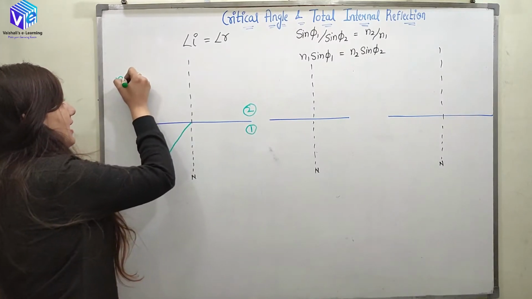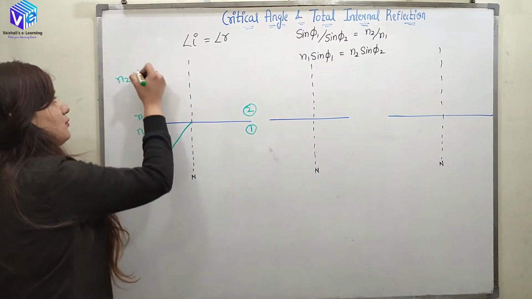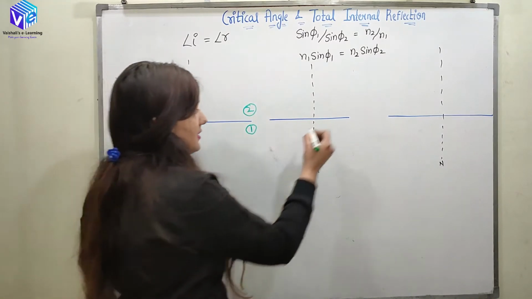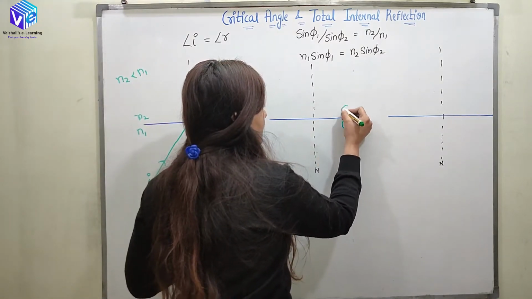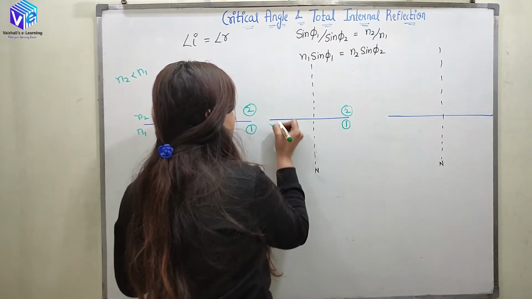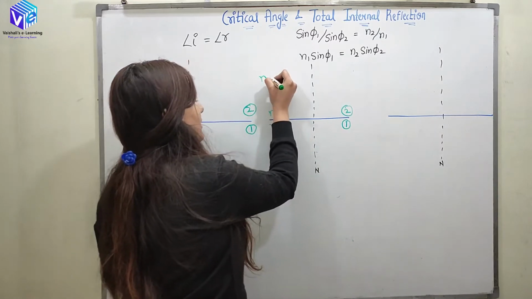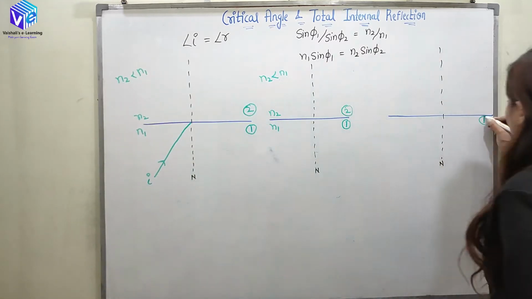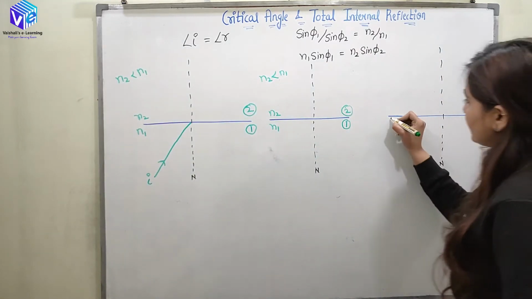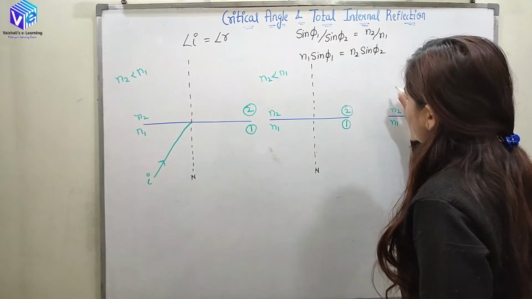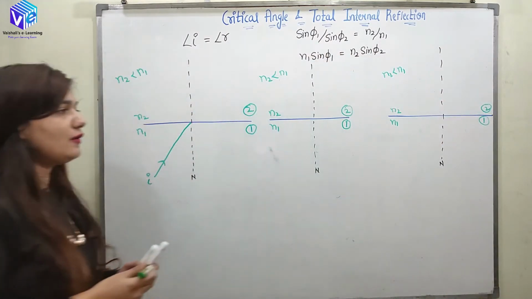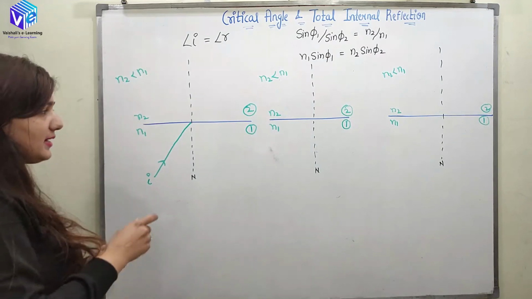Now I have the condition that n2 is less than n1, so n1 is optically denser. Again, this is my first material, second material, n1 and n2, and n2 is lesser than n1. This is again my first material, second material, n1 and n2, and n2 is lesser than n1. So in all of them I have the same materials.